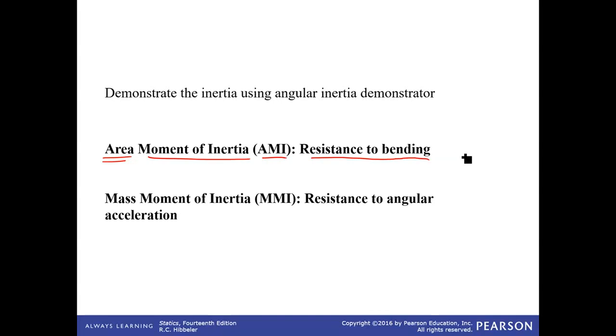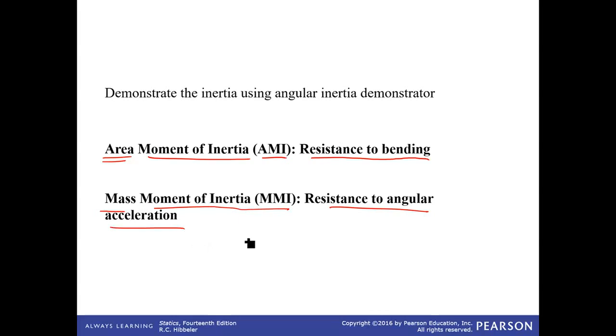So when we apply a force to bend something, the extent to which that component will bend depends on the cross-section area and its moment of inertia. That's called area moment of inertia. The second type is called mass moment of inertia, which is resistance to angular acceleration.